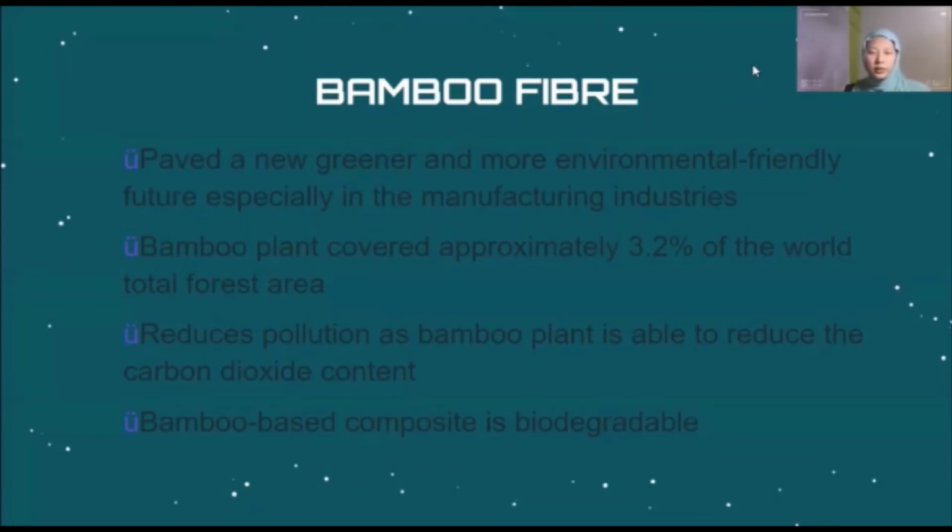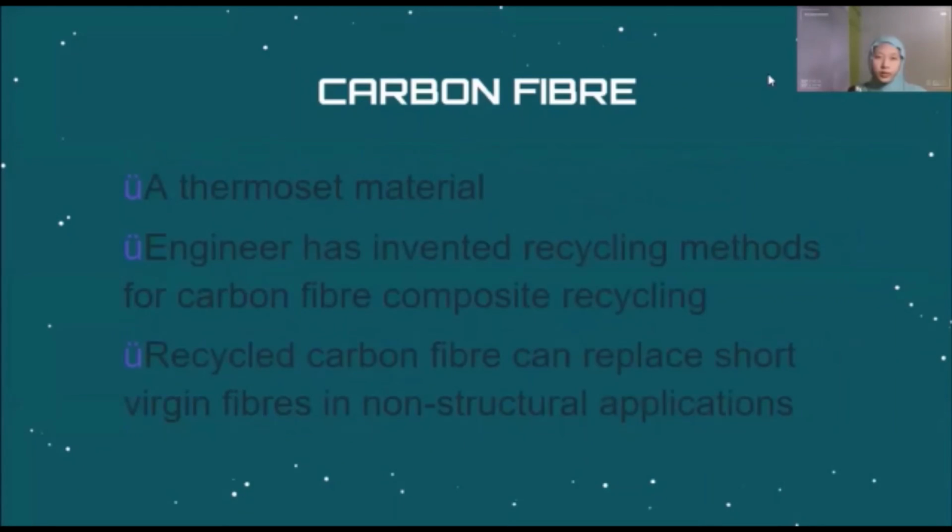Bamboo fiber also reduces pollution as the bamboo plant is able to reduce the carbon dioxide content. The bamboo-based composite is biodegradable, which means it will break down and blend back with the earth into its original components. The next is the carbon fiber environmental effect.